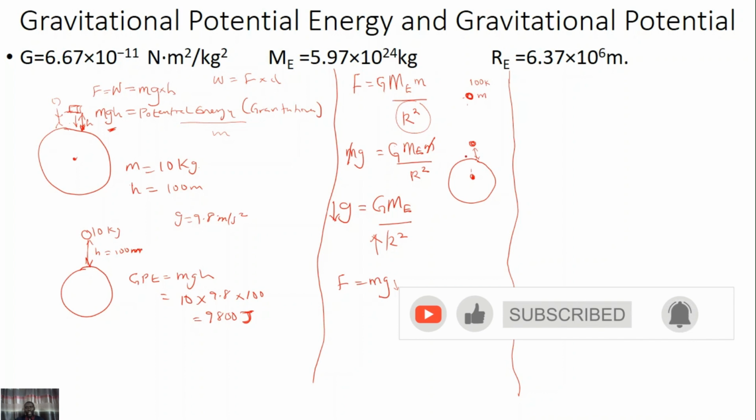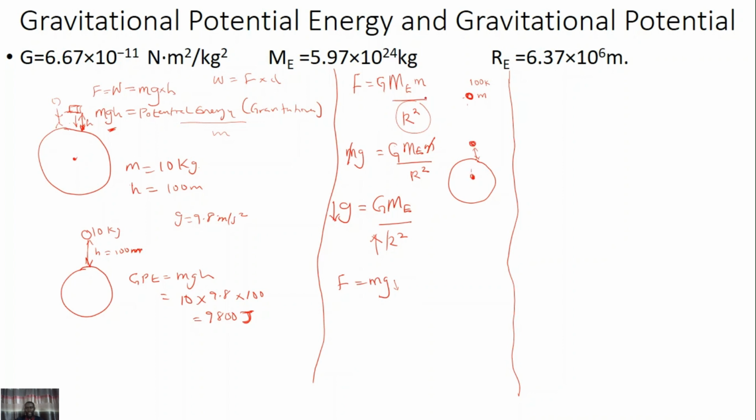From this formula, I said the force of attraction between the two of them, the body and the earth, is this. And I earlier said that the work done, which is the energy expended, the work done is equal to force times distance.